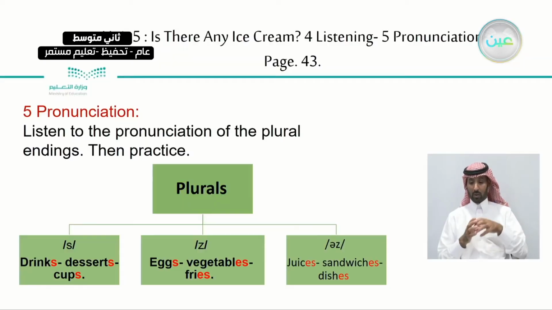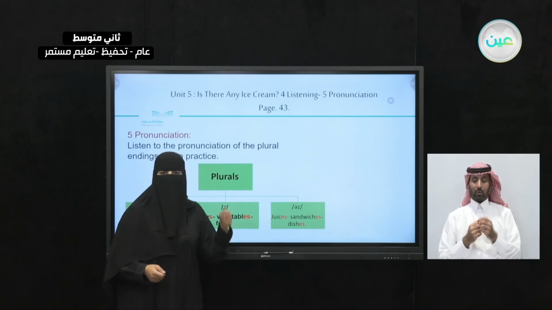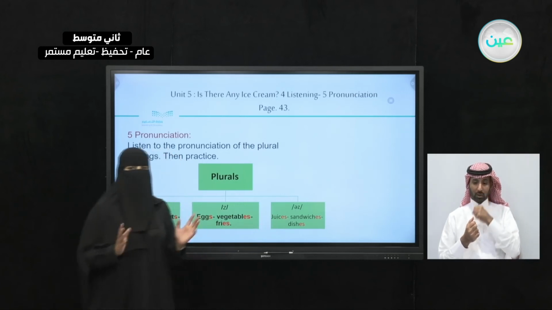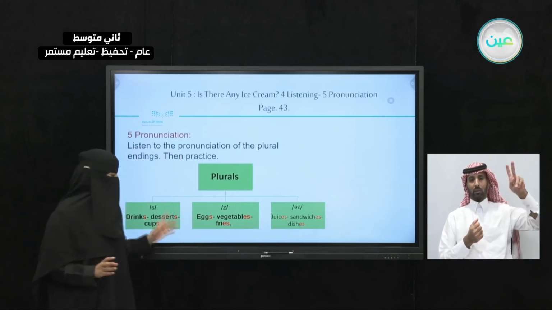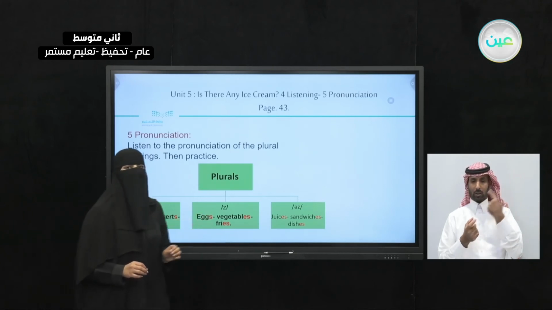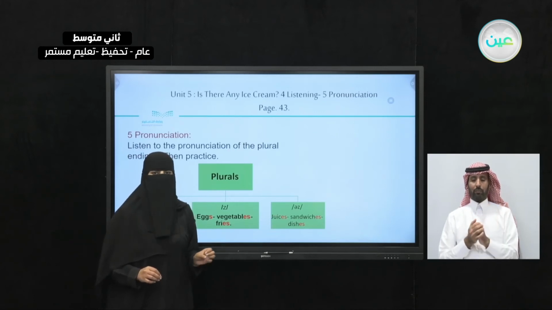Juices, sandwiches, dishes. It's like we're saying "iz" at the end. Juices, we're stressing on it. Juices, sandwiches. Now, do you hear the difference? Here we have the S sound. Here we have the Z sound. And here we have the "iz" sound.